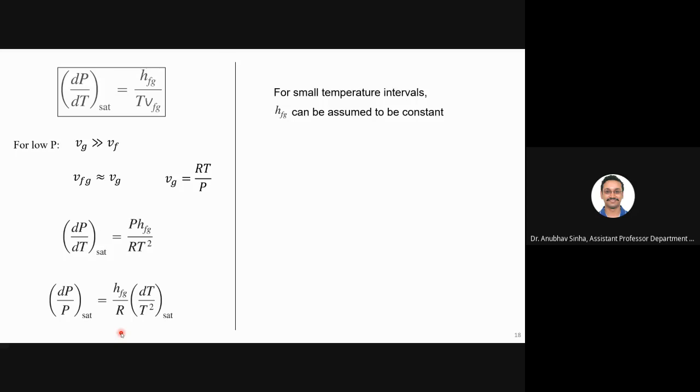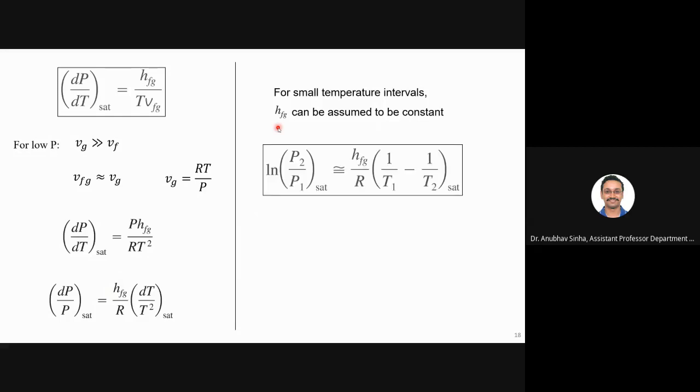Now for small temperature intervals, basically I want to integrate this. So let us assume that HFG remains constant for small changes. If we integrate dP/P, it will become log of P2/P1.